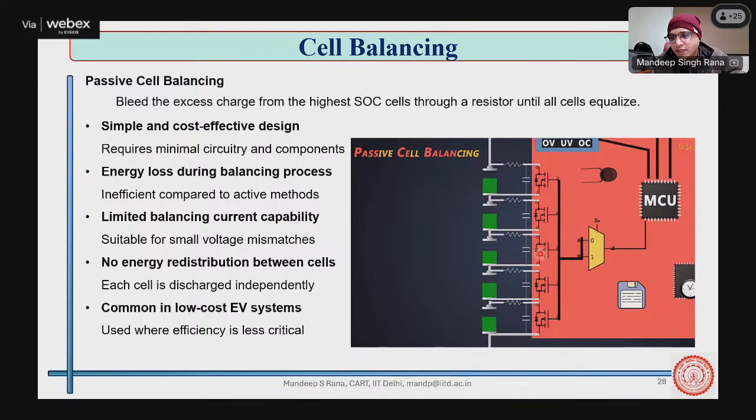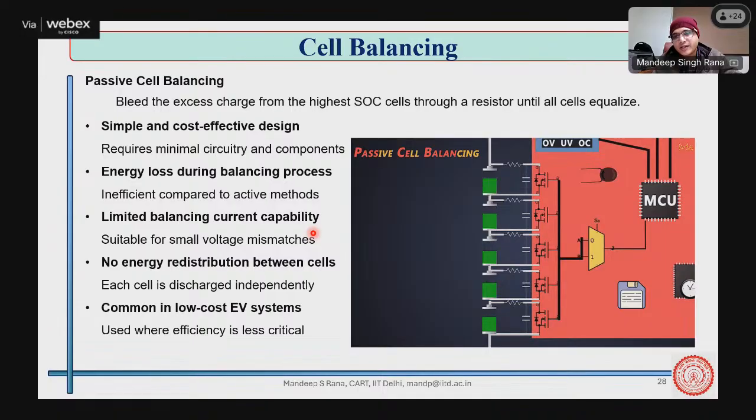Usually this discharging and bypassing requires a small current, because it is always sitting near the rest of the AFE system, and we don't want heavy current to flow there. So we take a very small current, something like 200 milliamps, 150 milliamps is a common number which follows the standards also in general, which is very common for low cost EV systems, and it is very simple to implement as I told you.